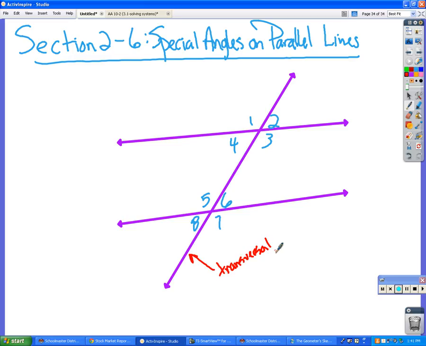And so when you take two lines and you cut them with a transversal, how many angles are created? 8. Okay, the 8 angles are paired up in fun ways. The first way is there's pairs that are called corresponding angles.